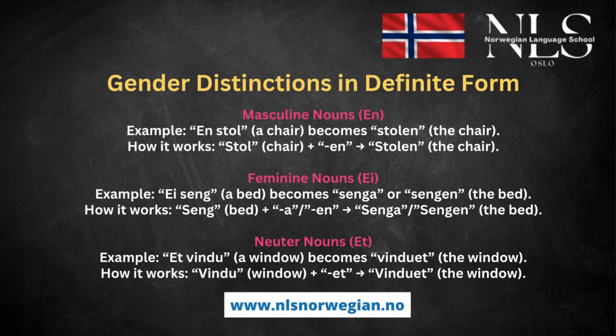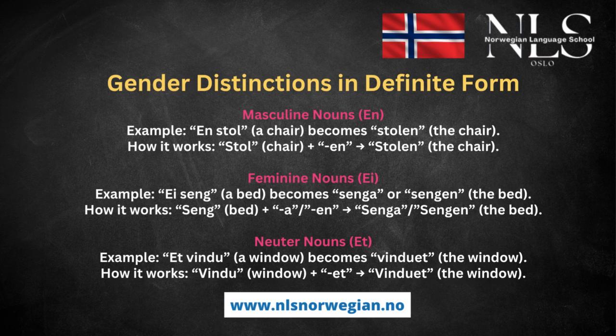This is how it works: stol, chair, plus en, then you get stolen, the chair. In this case, the suffix en not only marks the noun as definite, but also indicates that stol is a masculine noun.